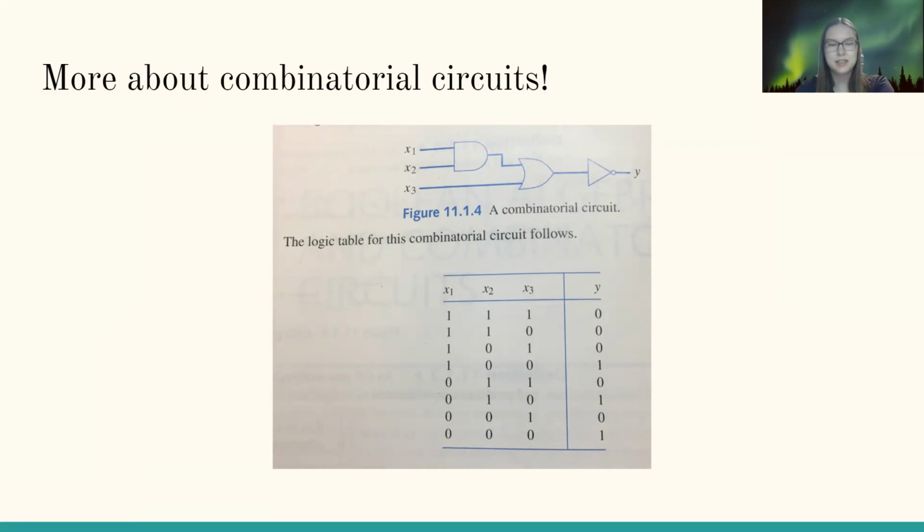Basically, it's consistent. Some of the questions in the book ask, like, is this thing a combinatorial circuit? And sometimes they do really funky things that basically mean you don't know if you'll get the same output every time. Yeah, there are some funky examples of that where it just kind of loops around in weird ways. Anyway, we want to be able to expect these same outputs every time. That is a good thing.